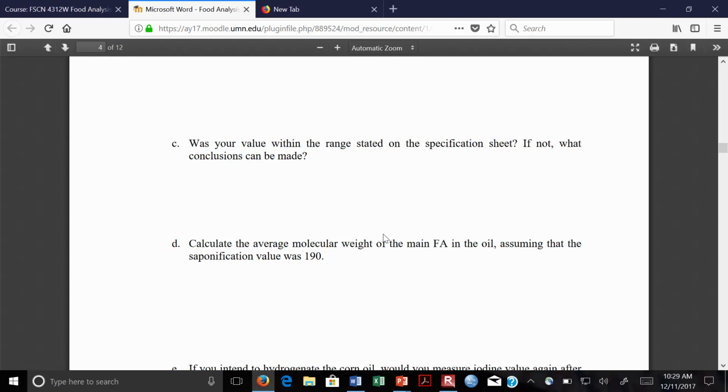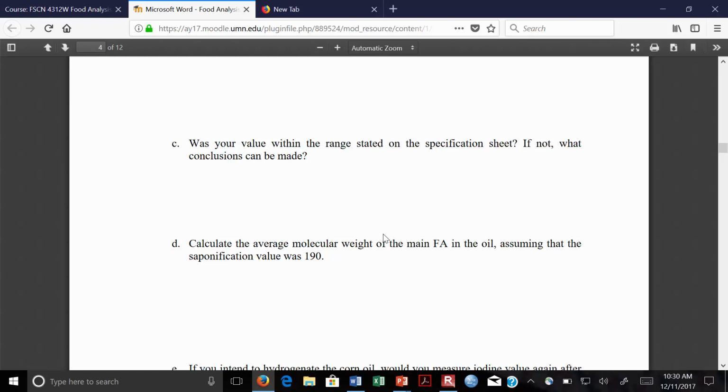So the next question asks you to calculate the average molecular weight of the main fatty acid in the oil, assuming that the saponification value was 190. In order to do that, you want to remember your equation.